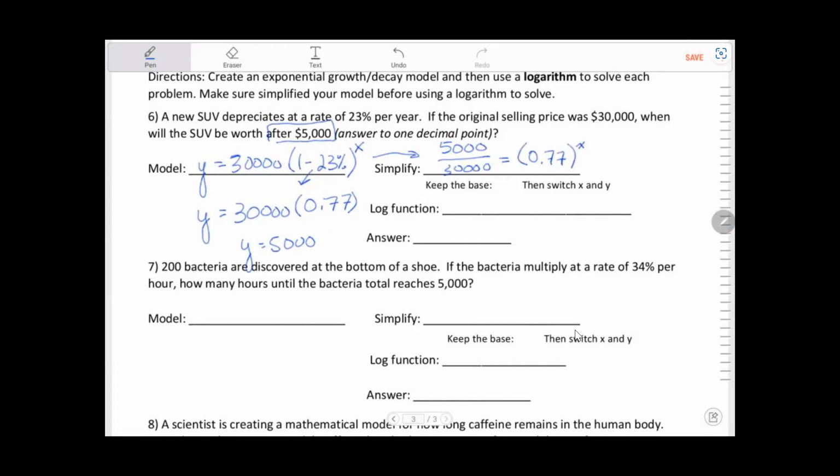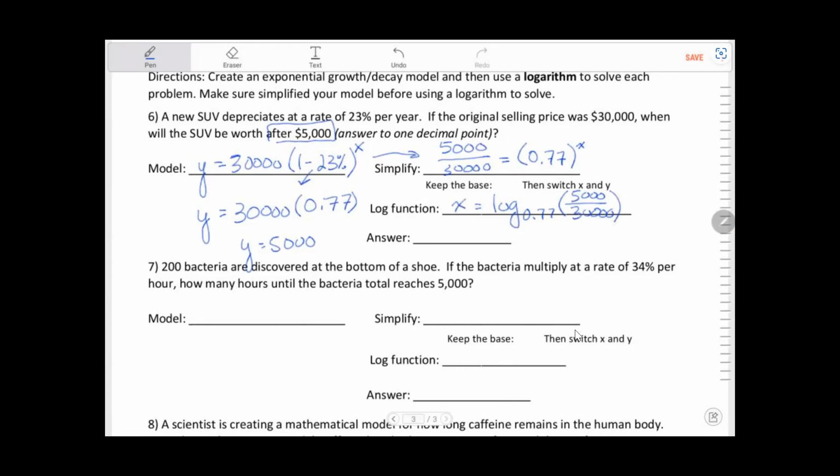And we're going to keep the base. So this base was 0.77. Remember, I said we can have decimals or even fractions as a base. And I'm going to put 5,000 over 30,000 here, and I'm going to say that x equals that.